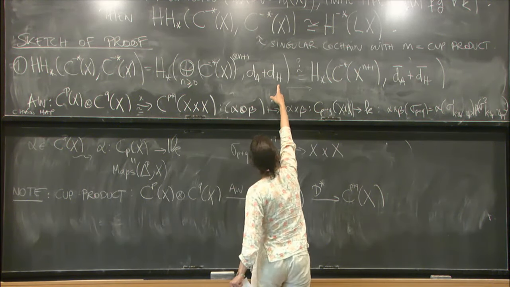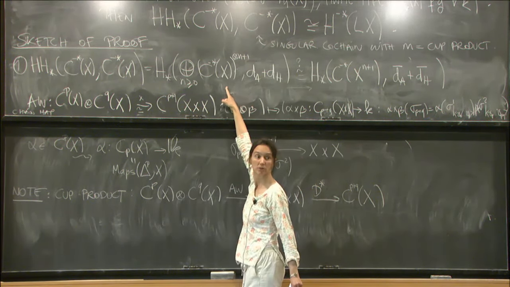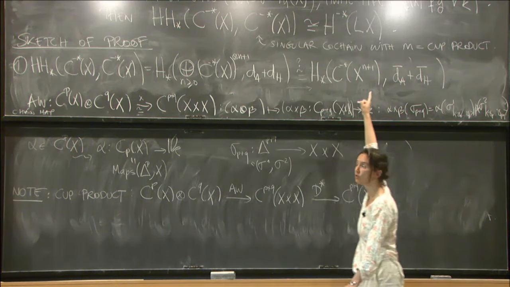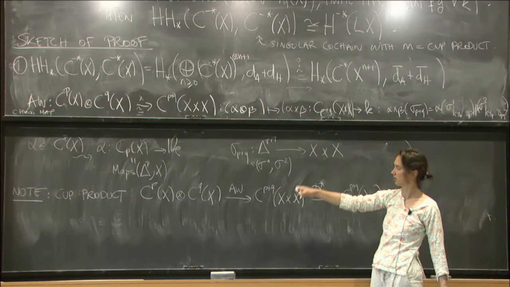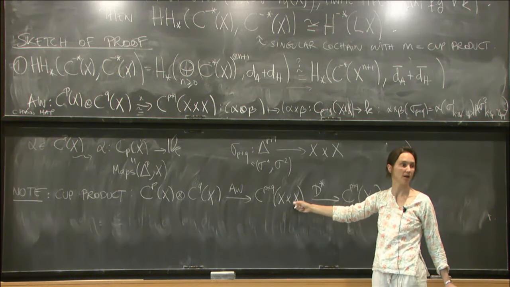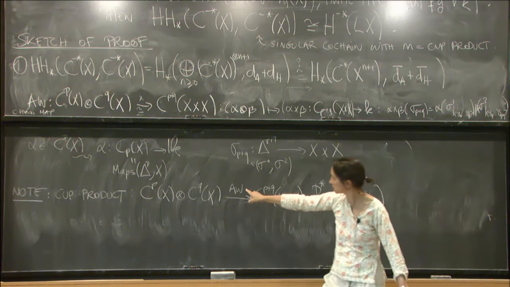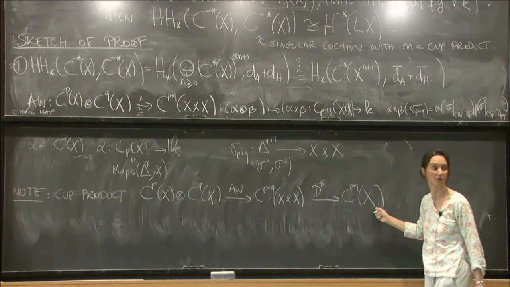And what about d_H? Well, here it's the cup product. And what have I just told you? I've just told you that the cup product corresponds here to the diagonal. Okay? So this works. I'm just exactly telling you that the cup product becomes the diagonal.